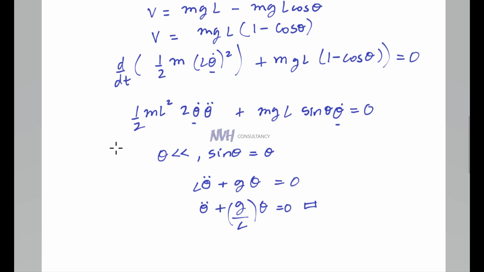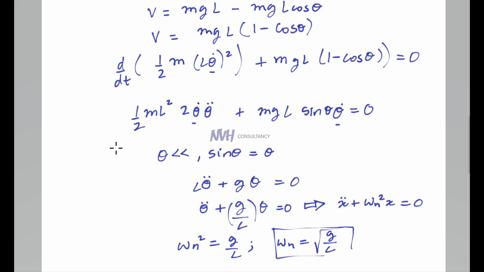This is very similar to the normal equation, which is x double dot plus omega n square x equals 0. This is the characteristic equation. Now comparing these two equations, you can say that omega n square equals g by L, or omega n equals square root of g over L. So this is the derivation for the natural frequency of our system.